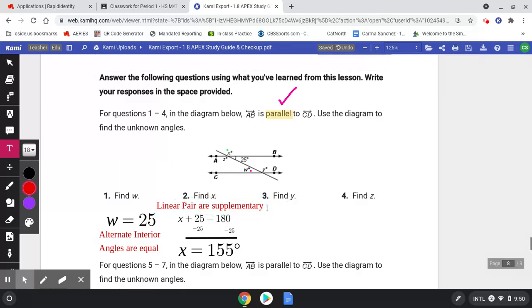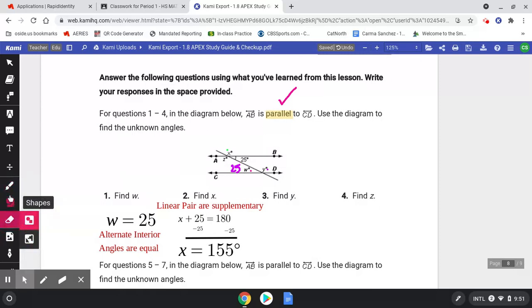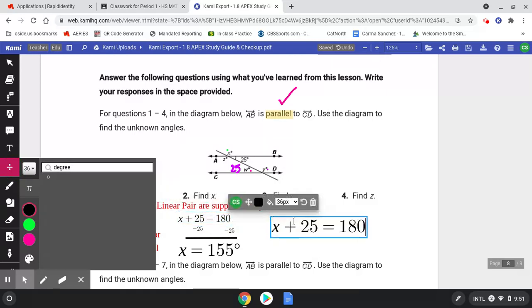Perfect. Next, let's go find Y. This time I'm going to use purple. Y is over here. Now remember that we just found W. W is 25 right here. So if Y is on a linear pair to W, we now can go do the work. But didn't we just do the linear pair with a 25 already? Yep, it's already right here. So I'm literally going to go copy and paste this. We're just going to write X plus 25 equals 180 again.